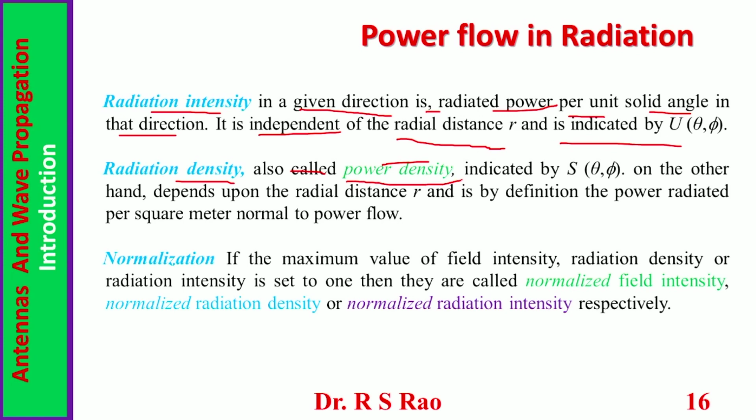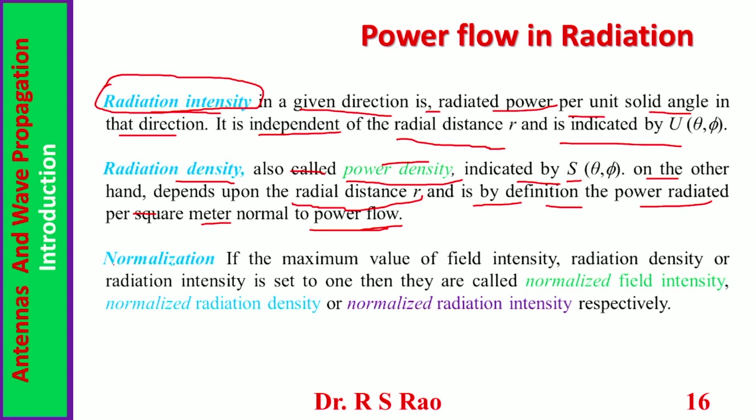Radiation density and power density are synonyms, indicated by S of theta and phi. On the other hand, radiation density depends upon the radial distance r and is by definition the power radiated per square meter normal to power flow. It is the radiation intensity that is widely used in antenna theory.